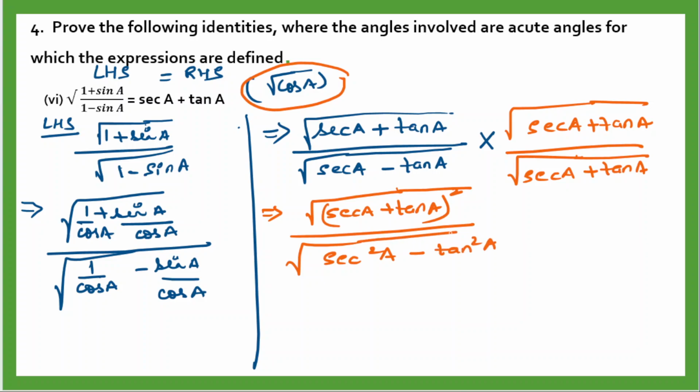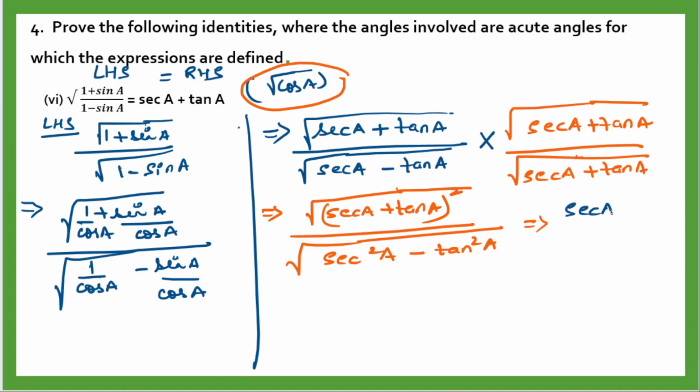Okay. Now the numerator is under root of (sec a plus tan a) whole square, so square and square root get cancelled and you will get sec a plus tan a.